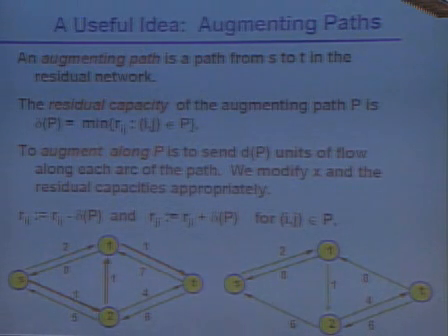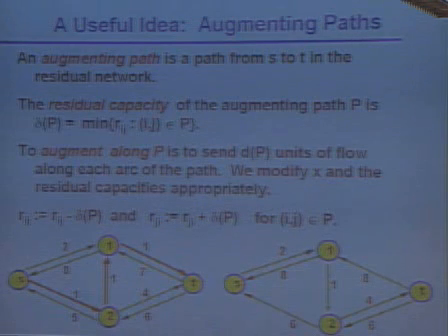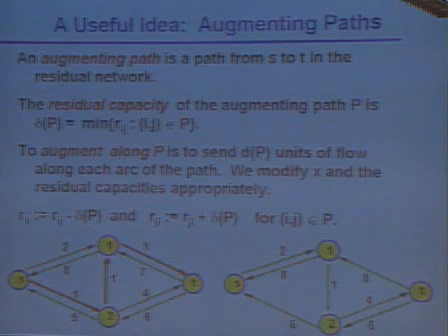Then, S to 1 has a residual capacity of 2. We are going to send 1 extra unit. Okay? So the forward capacity is going to become 1, and the backward capacity is going to become 9.